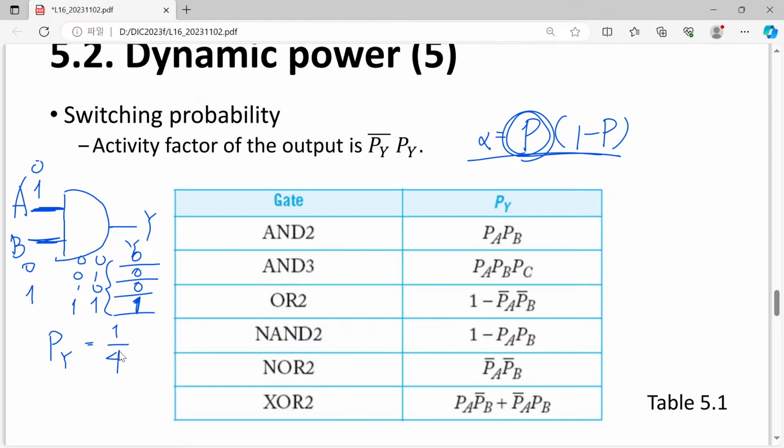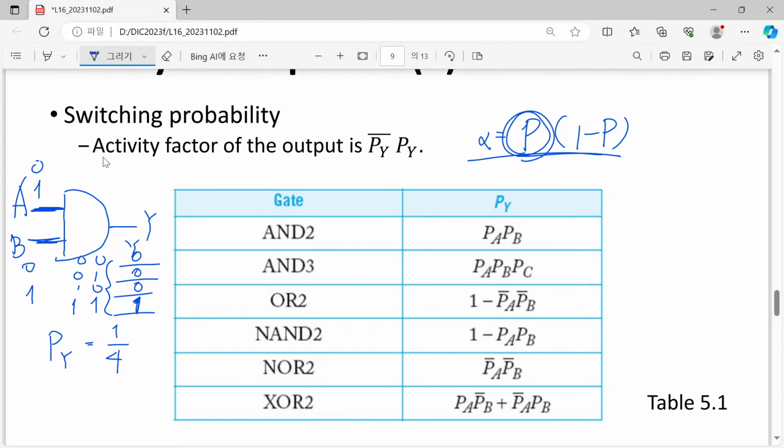But let's say that in this other extreme case, A is just fixed to 1. Then what will happen? Only B has half probability to be 0 and half probability to be 1.